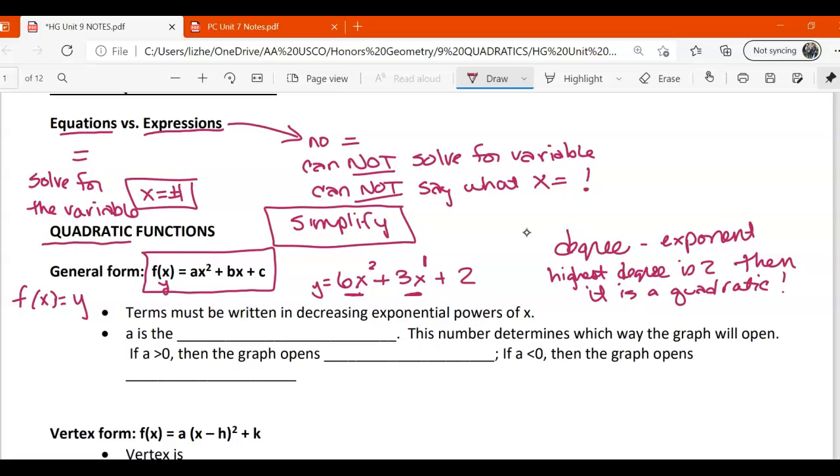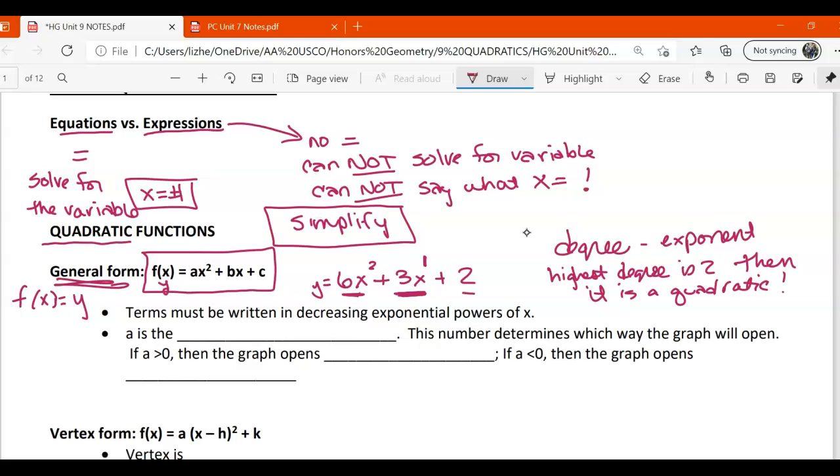Notice that a quadratic at most will have 3 terms. If you have more than 3 terms, then you probably have some like terms you can combine. Okay, so in order to have the general form, the terms must be written in decreasing exponential powers of x. What that means is you can see the first term is the x squared term. The second term is the x to the first power term.